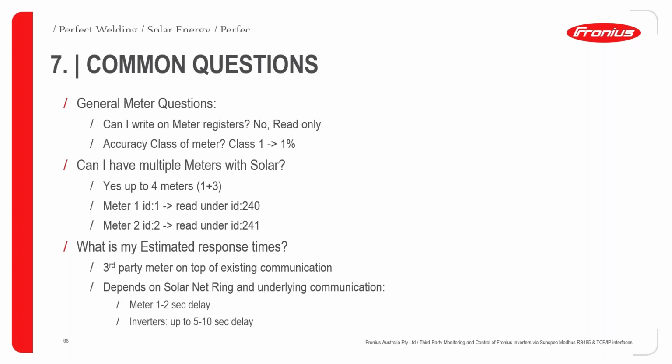Just a quick rule of thumb: for meters, you can expect a 1 to 2 second delay, and for inverters 5 to 10 seconds, which is a bit on the high side. The more inverters, the longer it will take. The fewer inverters, the quicker it will be. The reason I have this here is that this can also affect your application. If you want quicker response times, then maybe just reduce the number of inverters per data manager, that is, add more data managers.